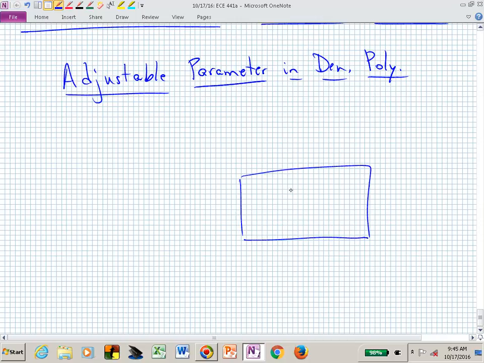Let's say that our system has been parameterized with a numerator omega sub n squared, and a denominator s times (s plus 2 zeta omega sub n). We've parameterized it in terms of a damping ratio and a natural frequency. That's now our plant.